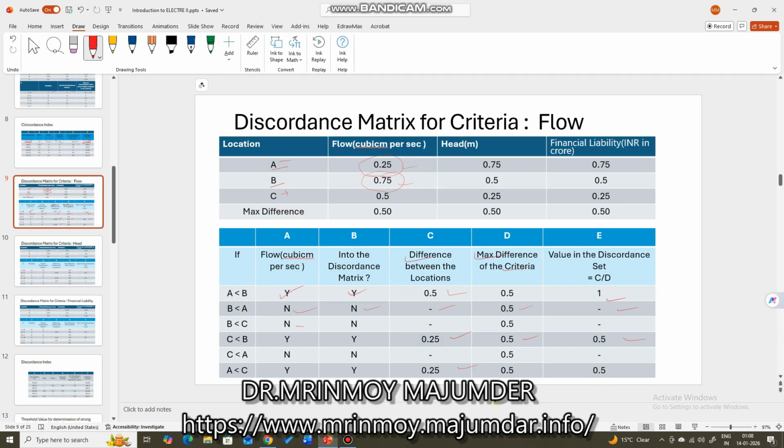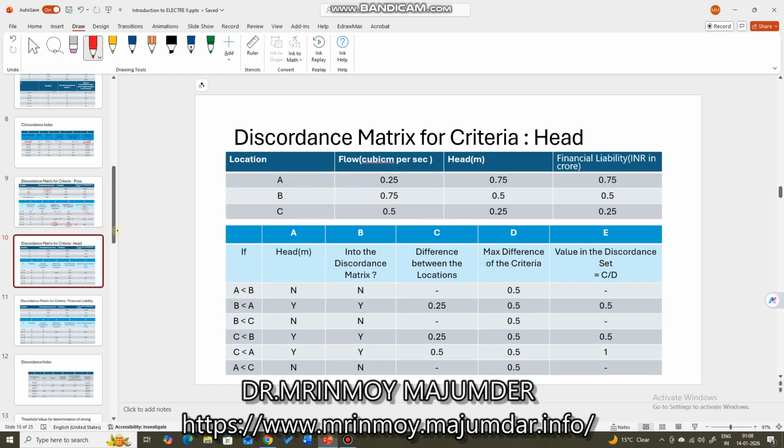Then C by D: you divide the difference between the locations by the maximum difference to get the value in the discordance set, 0.5. Clear? In the same way, for head also you have to calculate.